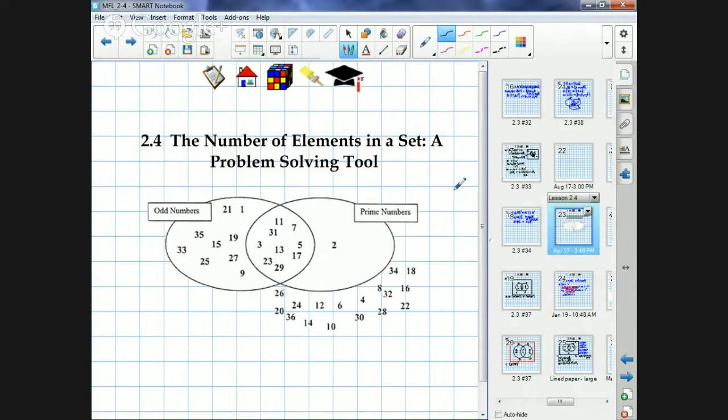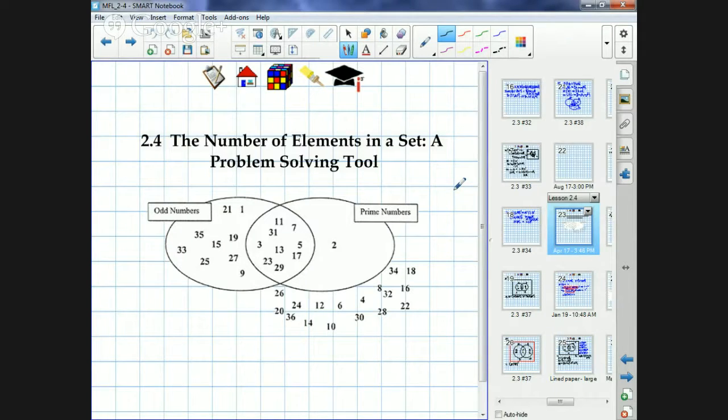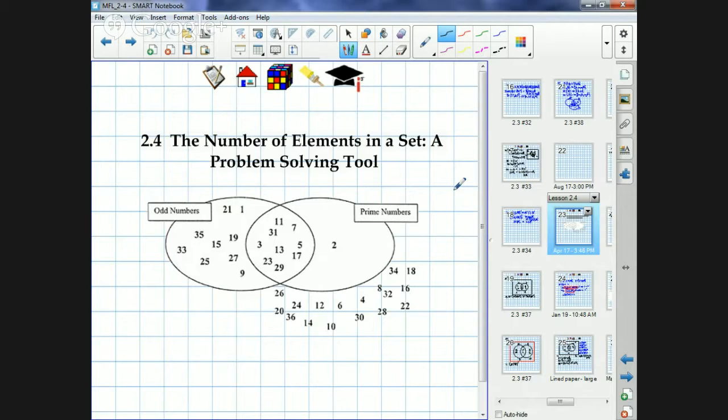So anyway, what is that in the overlap then? The numbers in the overlap. Yeah, the 11, the 7, the 31. You see them in the middle section there? Based on what we've talked about with sets, what can you tell me about those numbers?